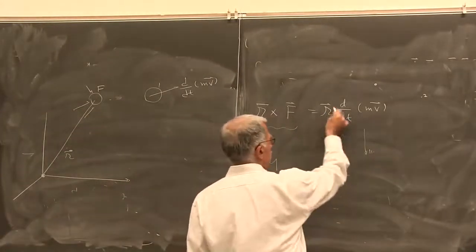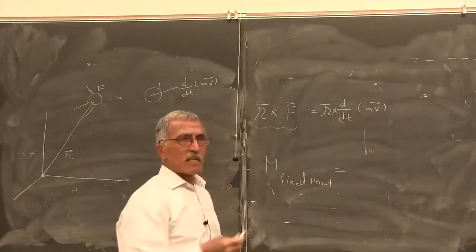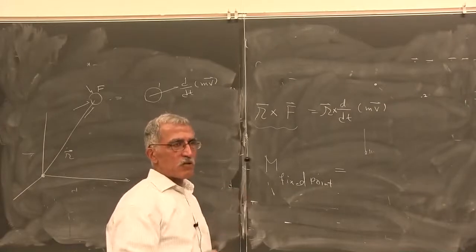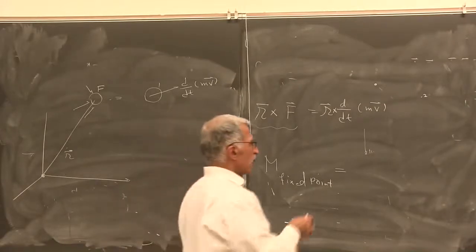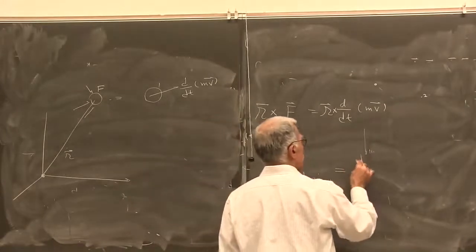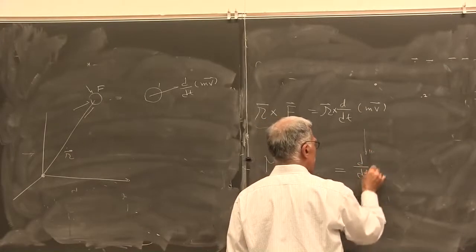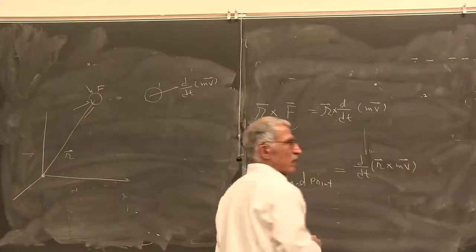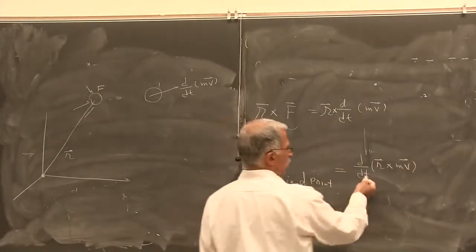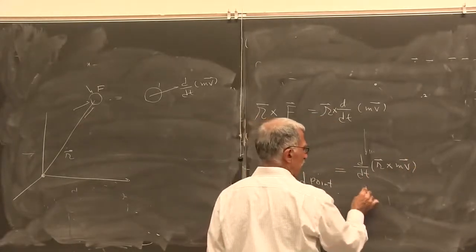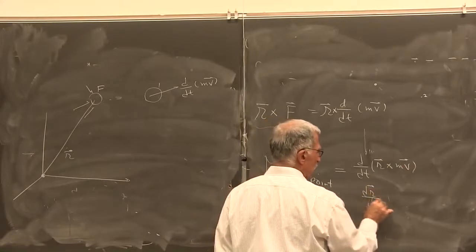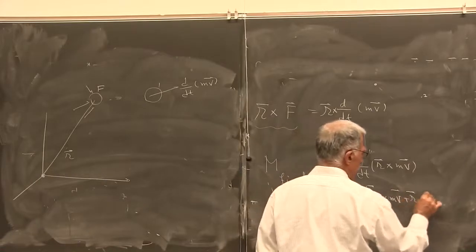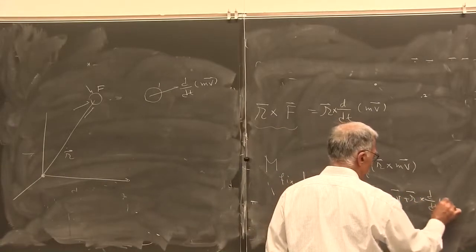Now this r, we can take it inside, and we can prove why if we take it inside there is no problem. We can say that this is d over dt of r times mv. And the reason is that if you expand this one, that would be dr dt times mv plus r times d over dt of mv.